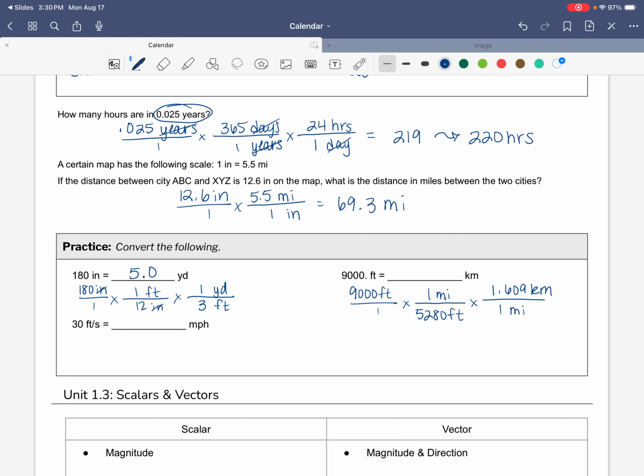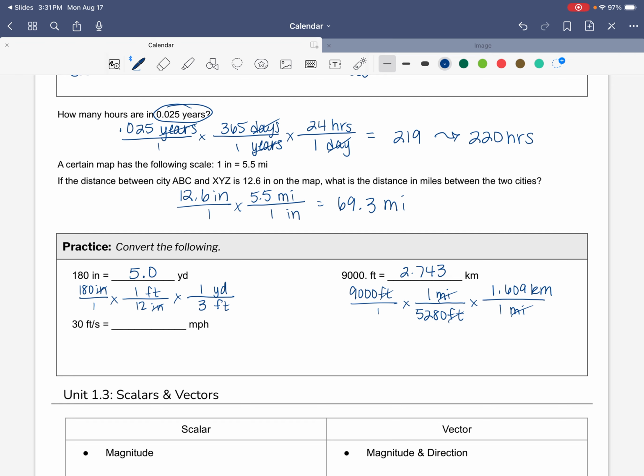So my feet cancel, my miles cancel, and I'm left in kilometers, which is what I want. I'm going to multiply 9,000 times 1.609 and then divide that by 5,280. I am going to report 4 sig figs because this decimal lets us know that all of these are significant, since the trailing zeros count. So we're going to report 4 sig figs, and I got 2.743.